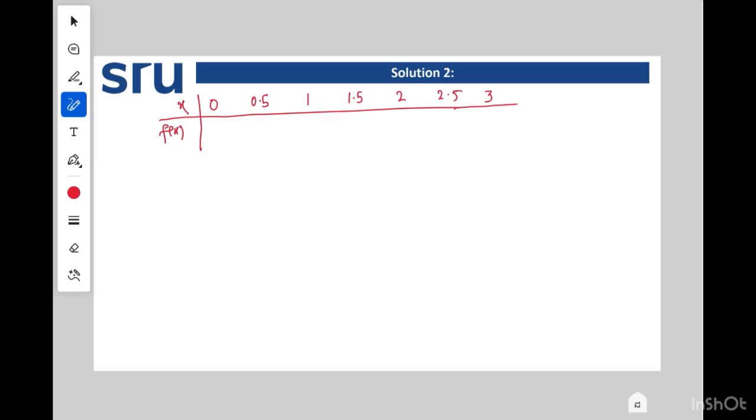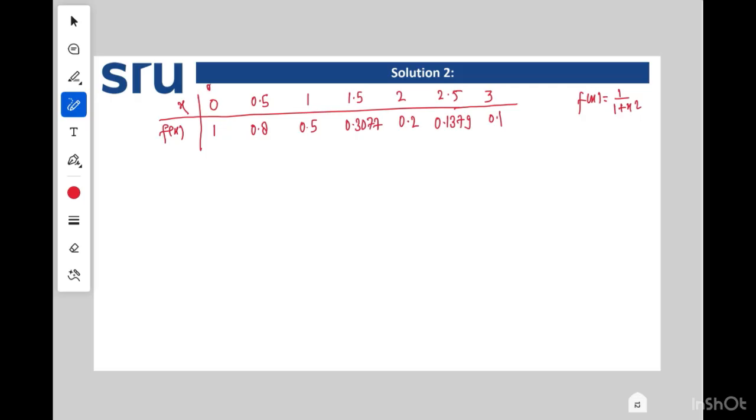Since we know our function f(x) is 1 plus x square, we can calculate f(0), f(0.5), f(1) up to f(3), okay. So what is f(0) here? f(0) is 1, f(0.5) is 0.8, f(1) is 0.5, f(1.5) is 0.3077, and f(2) is 0.2, f(2.5) is 0.1379, f(3) is 0.1, okay.